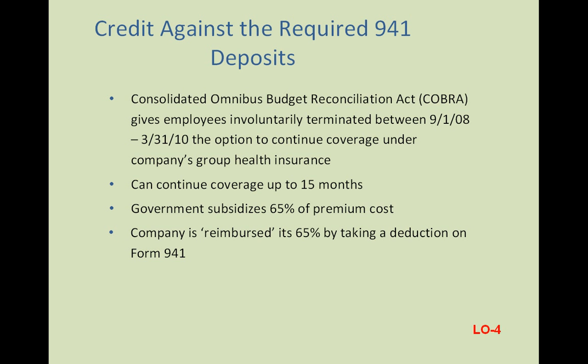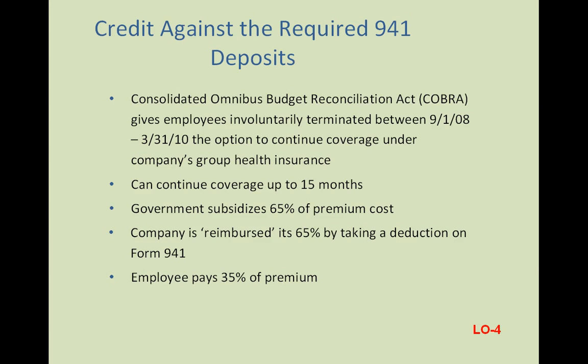And so the employees wind up paying 35% of the premium. That, as you would guess, in many cases would be a substantial increase from what they were used to, probably in most cases. And of course, it's done in an environment where you don't have a job anymore. So it's still a huge burden, but 65% does help.